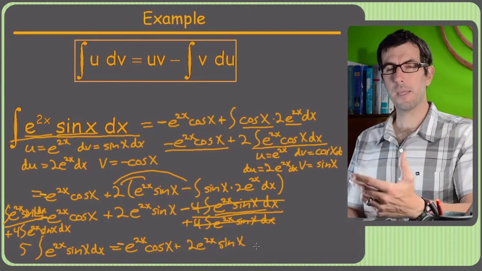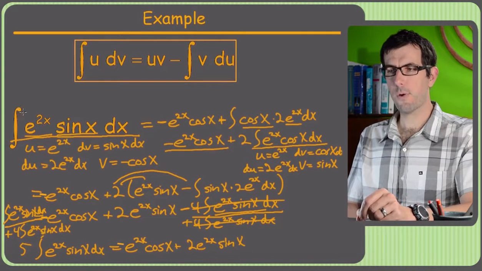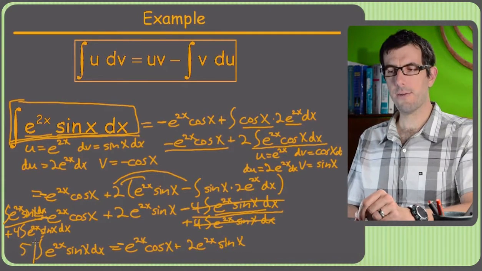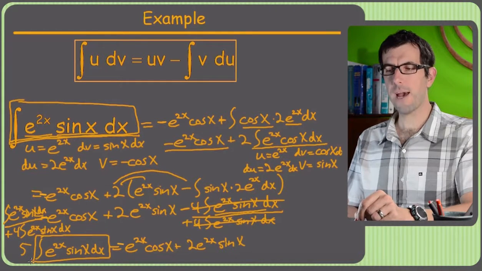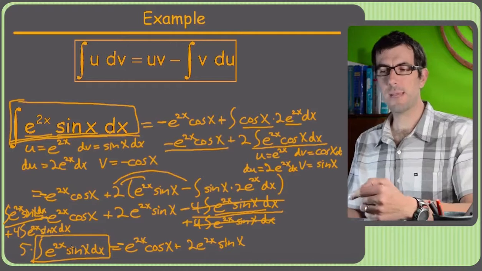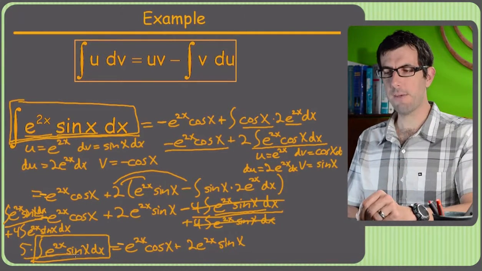All right, you might still be thinking we're spinning our wheels, but we're really close. Because what they asked us for was, what's the integral of this thing? Right now, though, I just found out what's 5 times the integral of that thing. So basically, right now I've got 5 times the answer, but I really just want the answer. So I just need to divide both sides by 5.